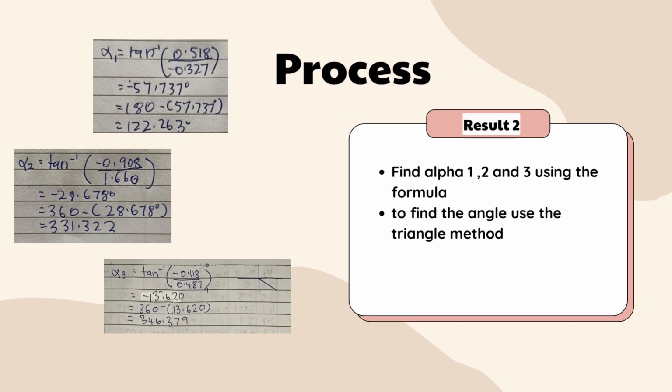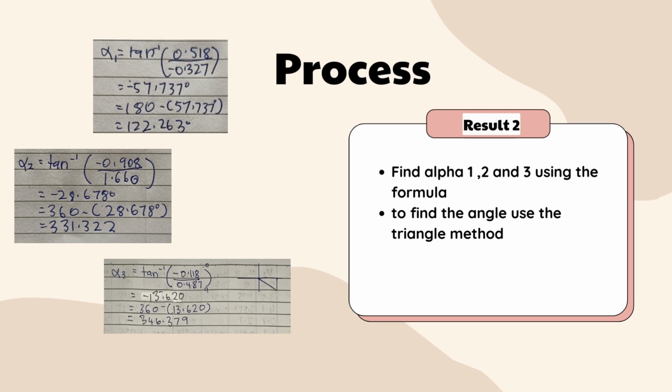The opposite here is negative, so the negative opposite will sit on the bottom right of the graph, and the positive adjacent will be on the right side of the graph, and so the triangle will be here.